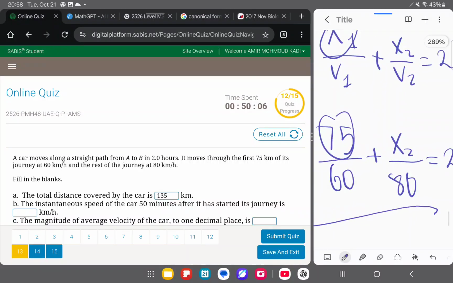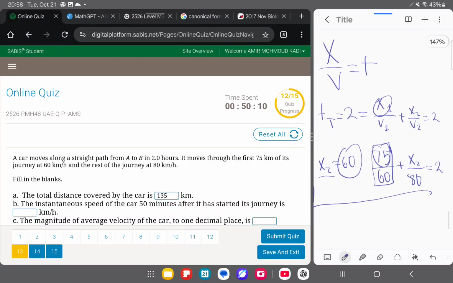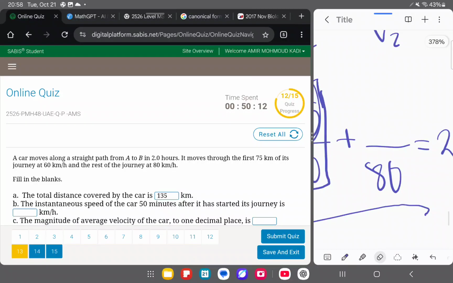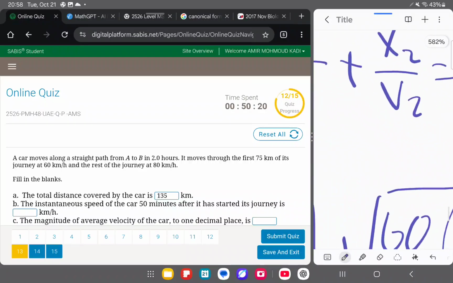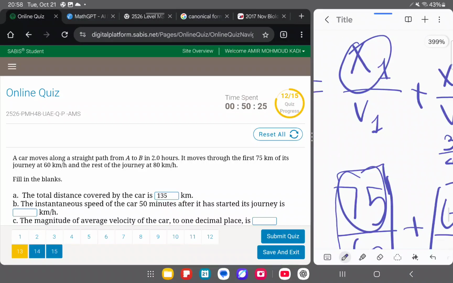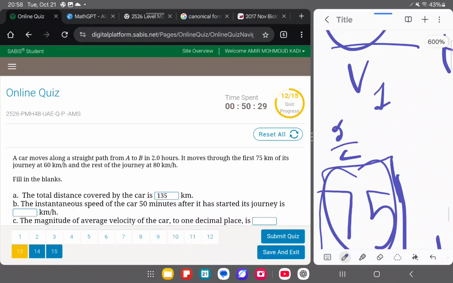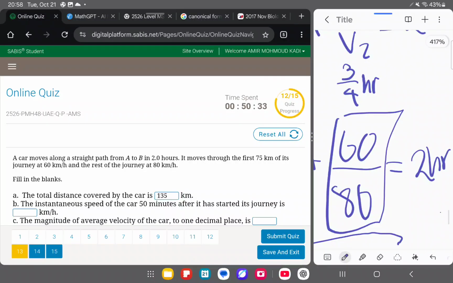Look, we have it right here, 75 over 60 in the first time interval, and now that we have x2 over here, the second time interval will be 60 over 80, or in other words, 3 over 4 hours to be specific. So you add 3 over 4 hours plus 75 over 60, which is 5 over 4 hours, and that's how we got 2 hours.